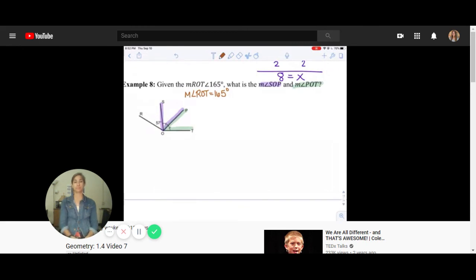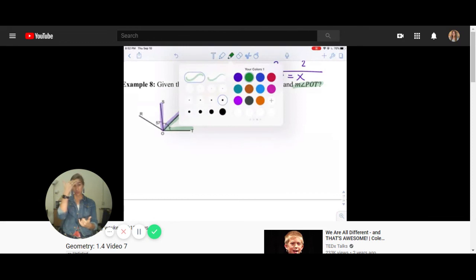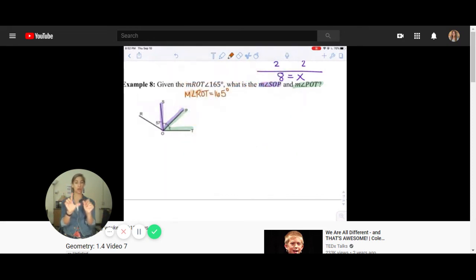So we know that the measure of angle ROT is 165. So what that means is that all 3 of these angles together are 165.